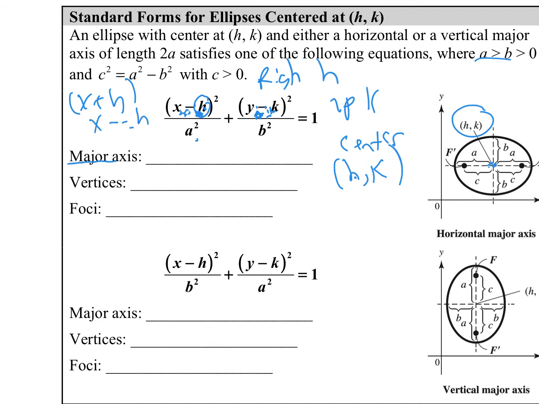So therefore, you're going to the left. If you see a plus, I'm moving left. So major axis, and still not sure what he wanted me to write there. I'll just think about it for a minute.